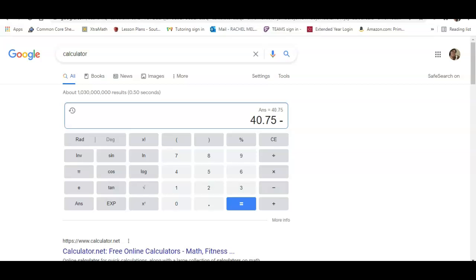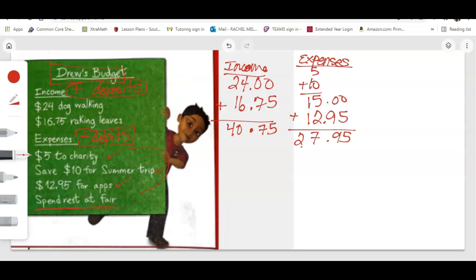Minus $27.95 gives me, and remember, if there's no zero after the 8, that's okay, it still means $12.80. So over here, he can spend $12.80 at the fair. And that is what we mean by balancing the budget, that the income and the expenses are equal.